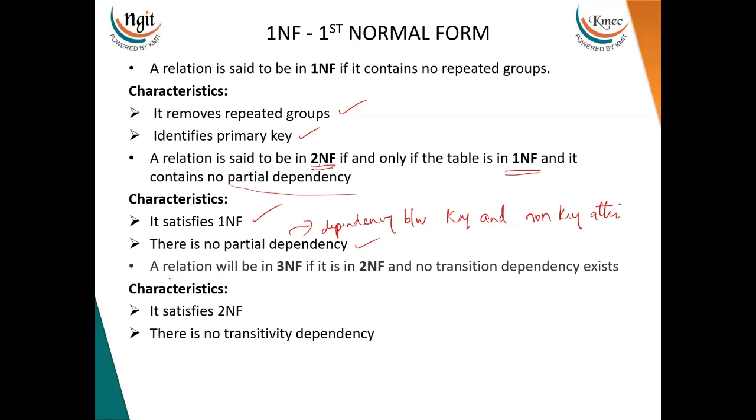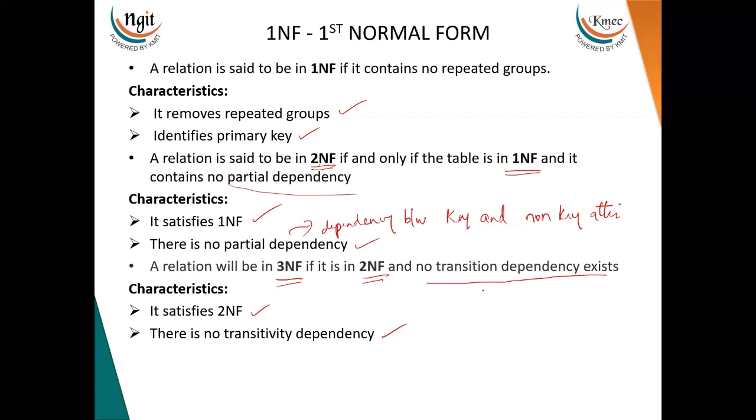So that is one of the characteristics of second normal form. And next is what? A relation will be in third normal form if it is in second normal form and there is no transition dependency. If there is no transitivity dependency and if it also satisfies second normal form, then that particular relation is said to be in third normal form. Now, what is transition dependency?